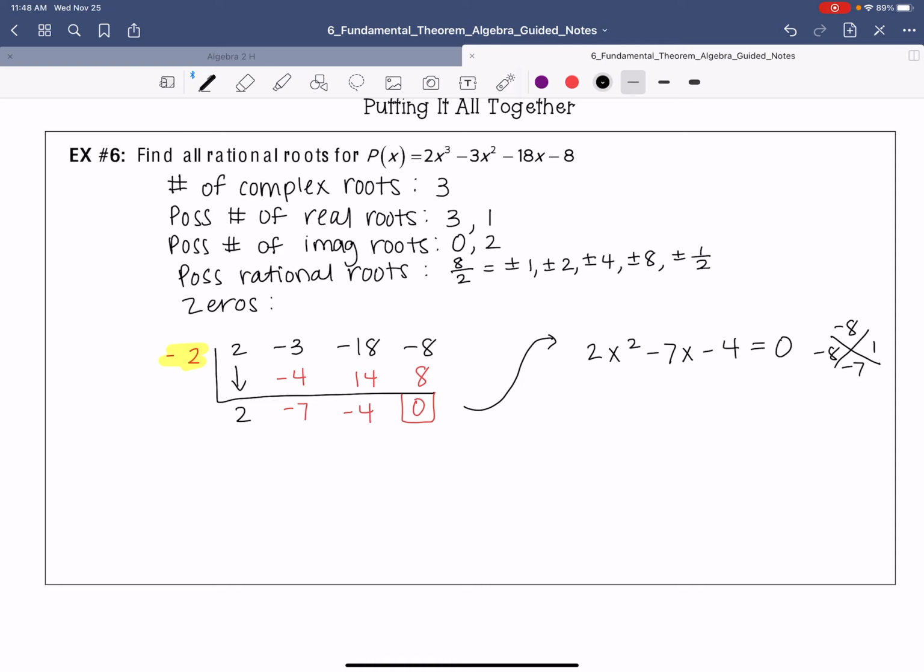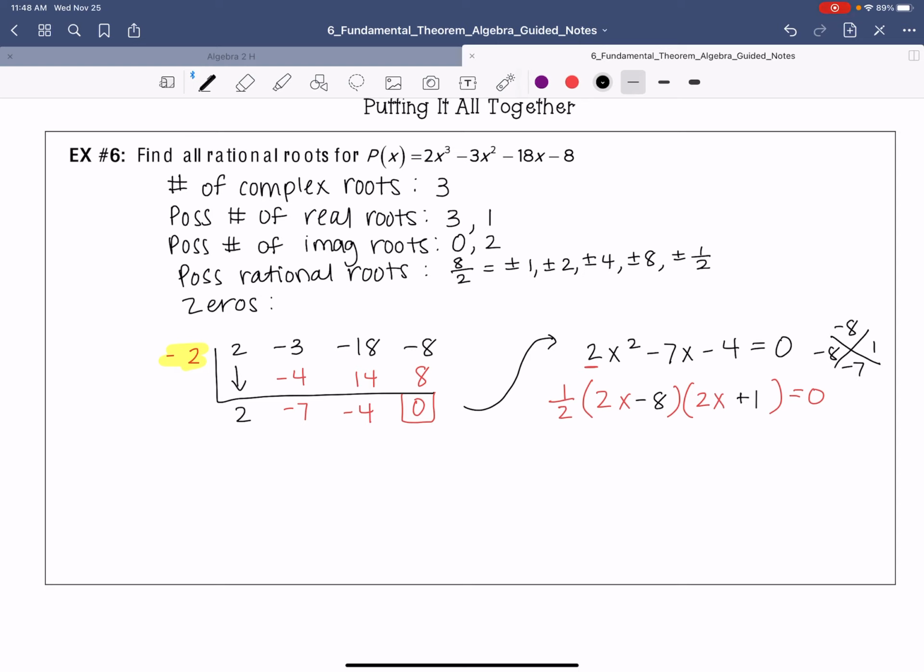Okay, remember when we have an a value that is not 1, when you write your factors, you're going to put a 2 on both of your factors. This is the shortcut method I use. And then technically there's a 1/2 out front. The 1/2 will always be eliminated, or whatever the fraction is will always be eliminated, so don't really worry about it. So then we have -8 and +1.